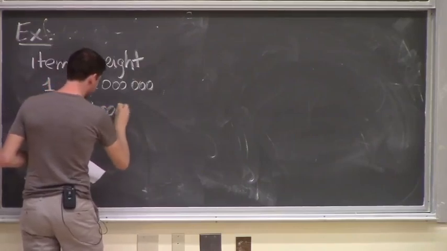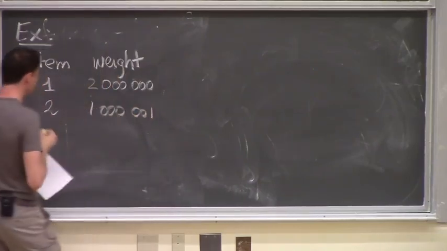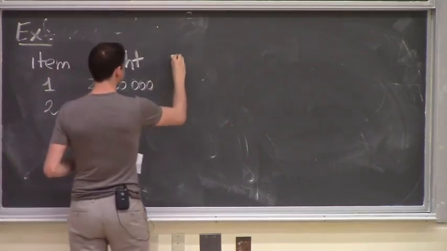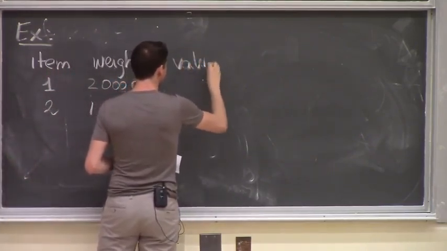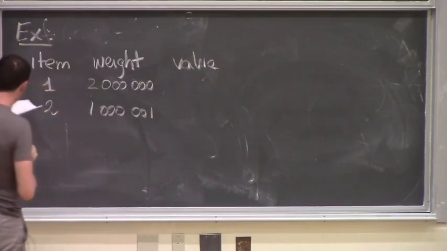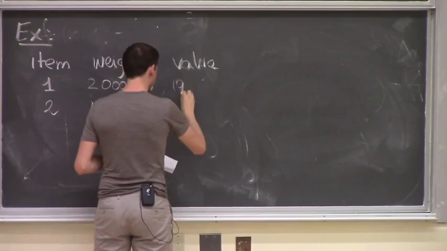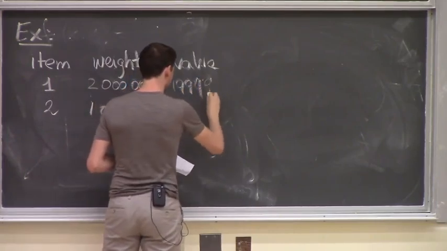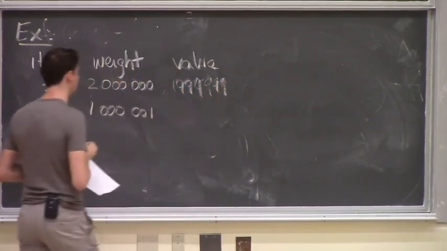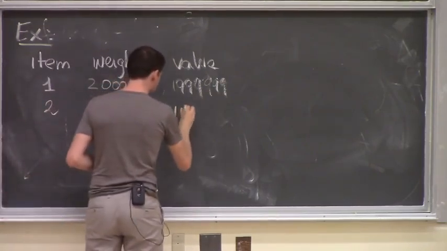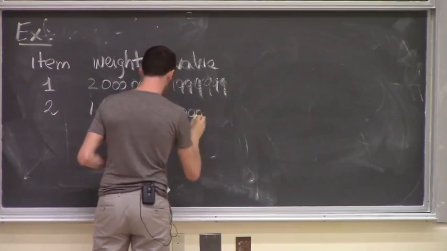And item 2 is a little bit above half as big. It's, I don't know, half that burrito plus a grain of rice or something. The value of the first one is going to be 1,999,999, so just a little under 2 million. And the value of the second one is going to be the same as its weight.